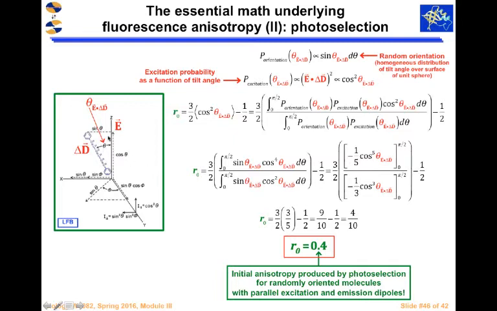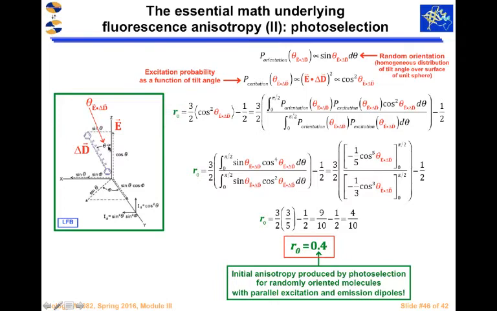If the transition dipole moment is perfectly aligned, this cosine term will be 1, and we will get the most efficient excitation. If the transition dipole moment is orthogonal to the electric field, this cosine term will be 0 at 90 degrees, and we will get no excitation. For orientations between 90 degrees and 0, we will get a varying degree of excitation.